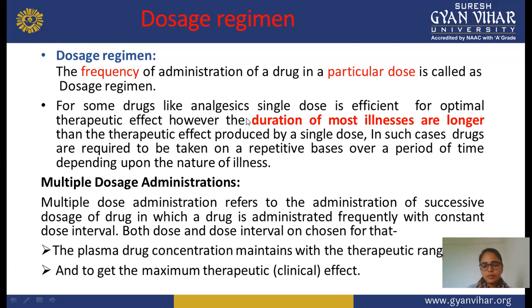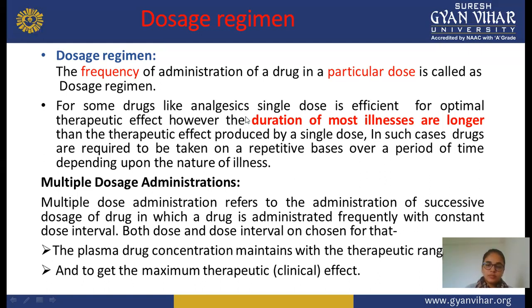Means you can maintain the plasma concentration of a drug within the therapeutic range, so that you can receive that particular therapeutic drug effect when you check the plasma concentration, how much drug is present in your plasma, and so that you can easily calculate whether the dose present in your plasma is sufficient to show the therapeutic effect or not.